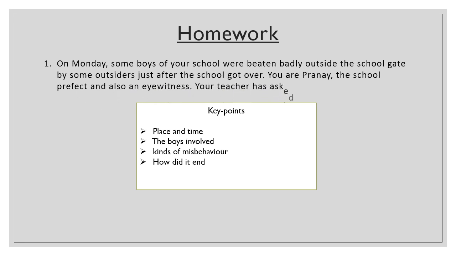Your teacher has asked you to write a report on whatever happened. These are the key points that you have to keep in mind: place and time, the boys involved, kinds of misbehavior, how did it end. You have to cover all this in your report. I can give you key points this way also, so this way you have to frame the report. So this is your homework.